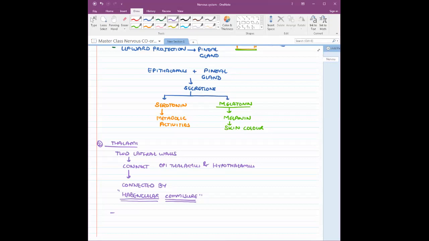But now, guys, one very important thing that you're going to see in this is the RAS system. What is this RAS system, guys? This is nothing but the reticular activating system.